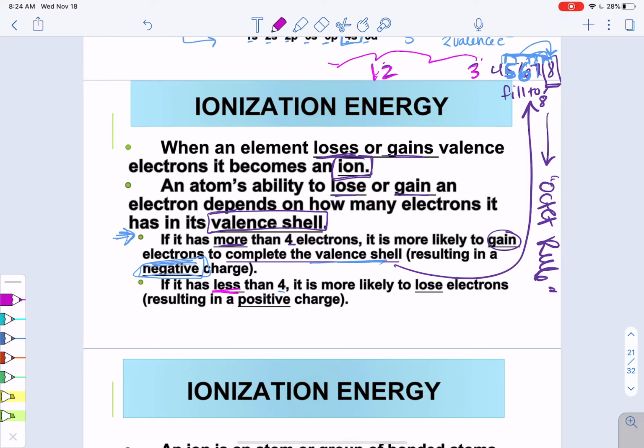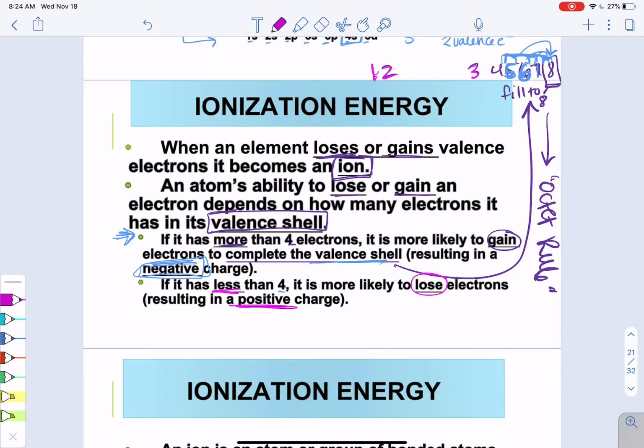Okay, so this second one, instead of gaining 1, 2, 3, 4, 5, 6 to get to 8, it will just lose 2. Okay, so always think which number is easier, gaining however many it needs or losing however many it needs. So if it loses those electrons, it will likely have a positive charge.